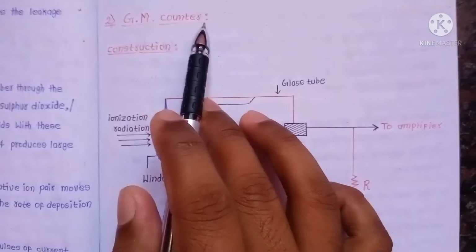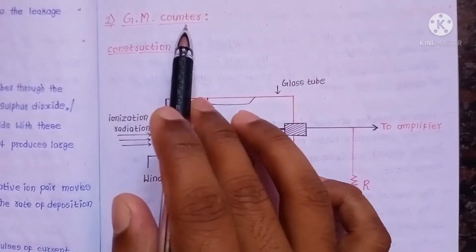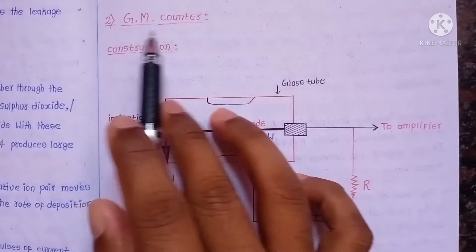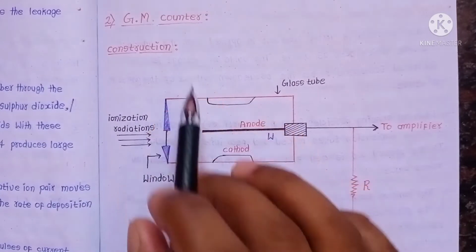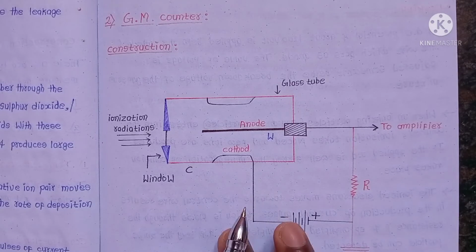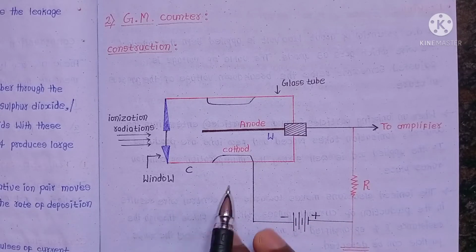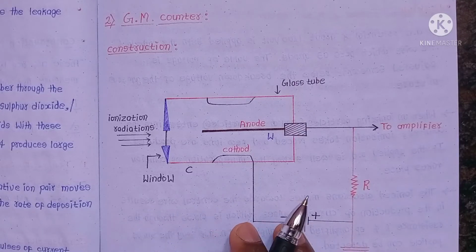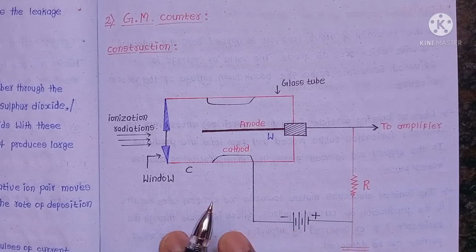The full form of GM counter is Geiger-Muller counter. This is also a particle detector which detects the radioactivity of radioactive elements or particles such as alpha, beta and gamma radiation. But this GM counter is particularly used for the detection of beta particles, that is electrons.